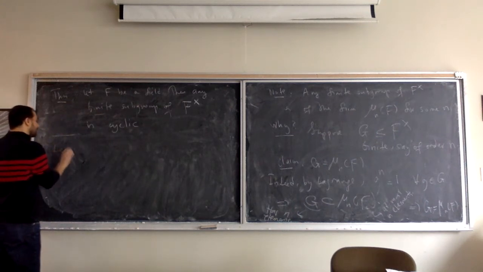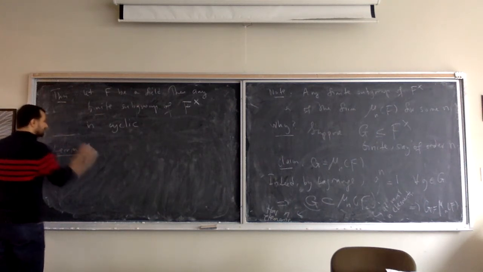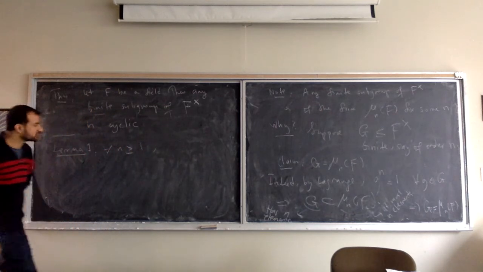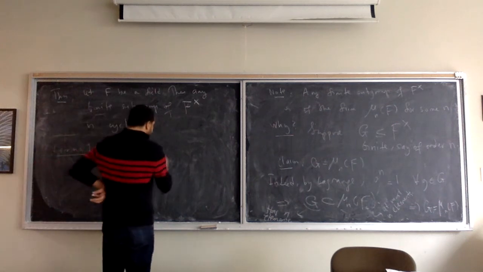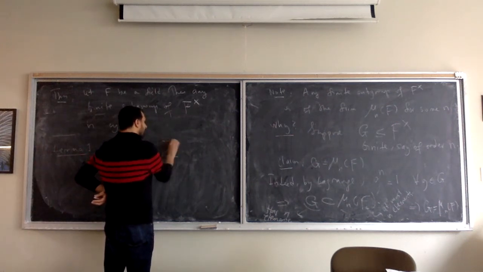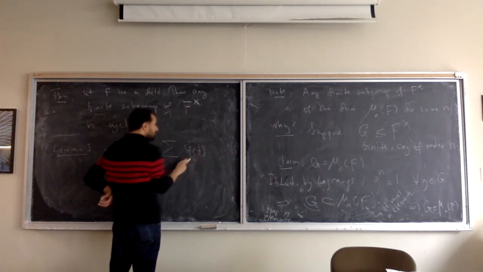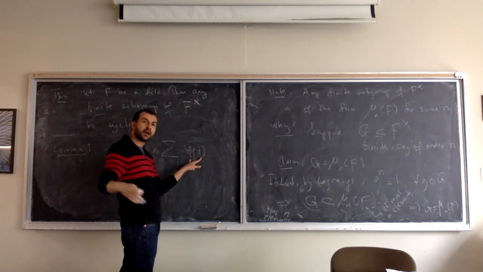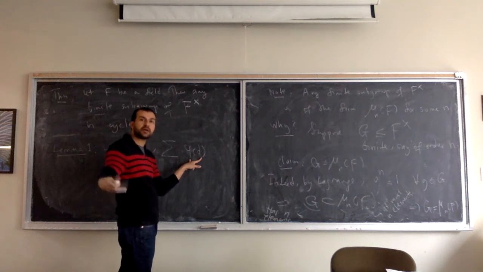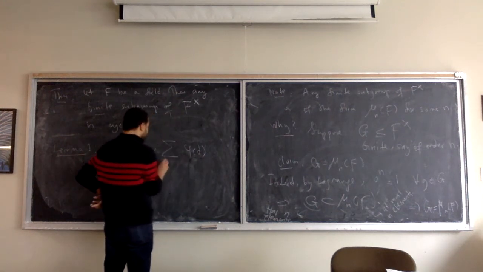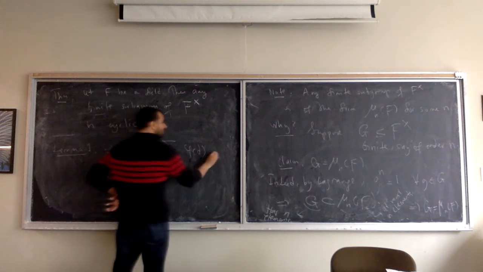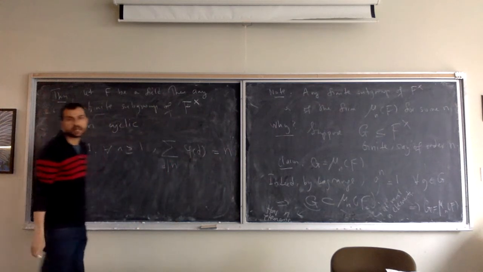So here's the first lemma: for any positive integer n greater or equal to 1, the sum of phi of d, where phi is Euler's function, phi of d being the number of positive integers up to d which are relatively prime to d, the sum of phi of d over positive divisors d of n, is just equal to n itself.